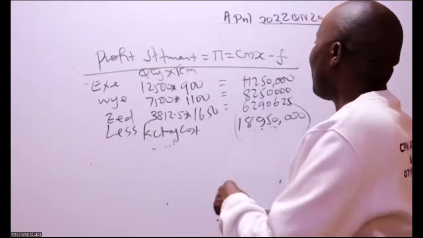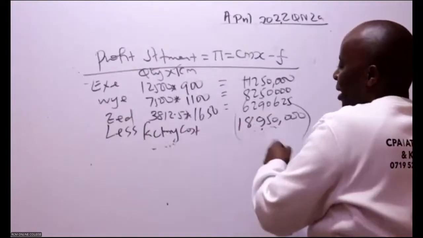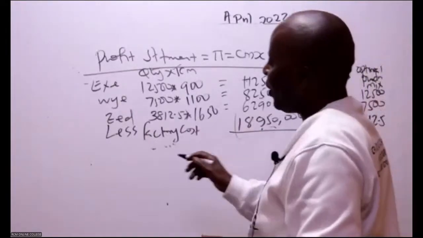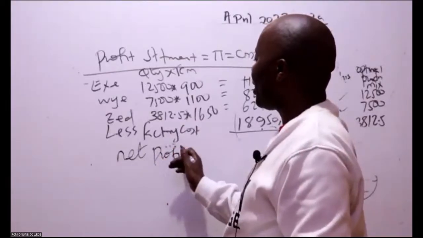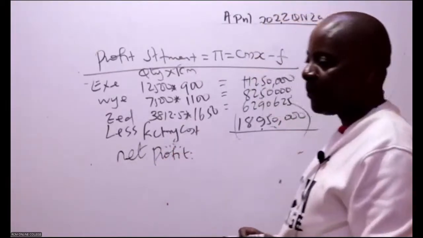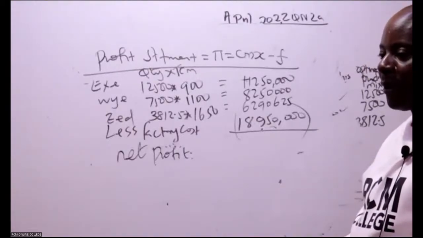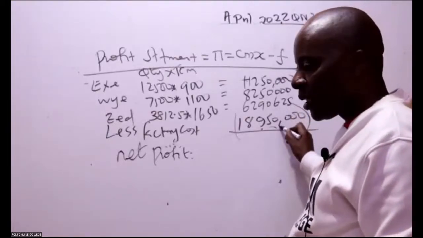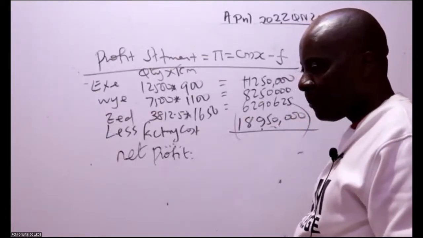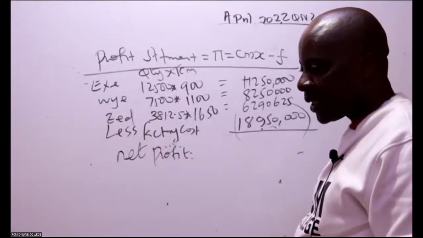So can someone do me a favor? Take this plus this plus this minus this. Give me the net profit. If you do it that way, then you'll be able to get all the marks. I'm being given 86.